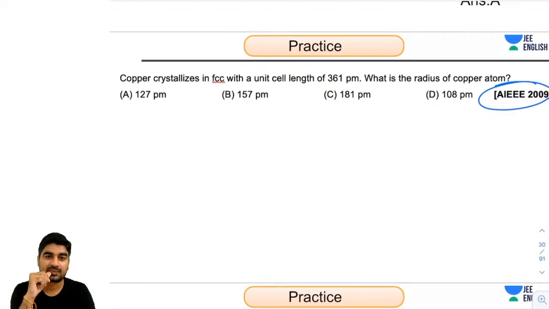Do it. Copper crystallizes in FCC with unit cell length of 361 picometer. What is the radius of copper atom?